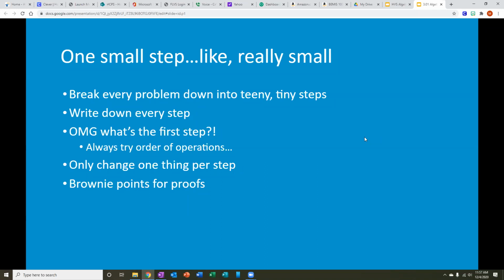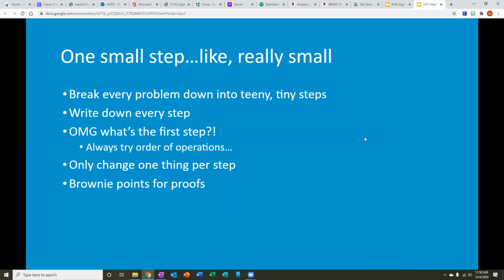The first thing you want to look for is, okay, is there an order of operations here? Can I do something first? Like, is there something for me to combine? Are there parentheses? Are there exponents? Is the distributive property there? So look for the order of operations.